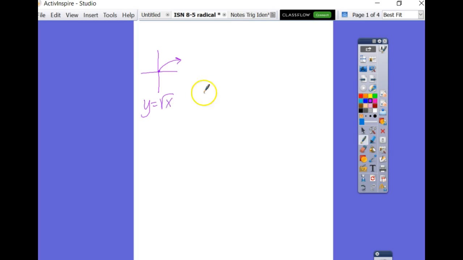So if I wanted to graph the negative, what would that look like? Across which axis? X. So it's going to flip over this axis or this axis? This one, right? So this one's going to look like this, correct?